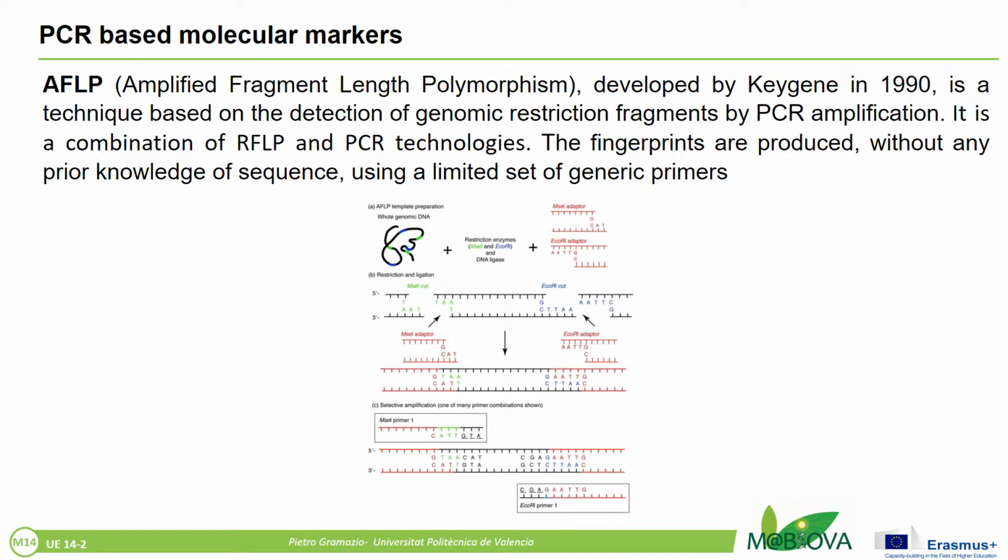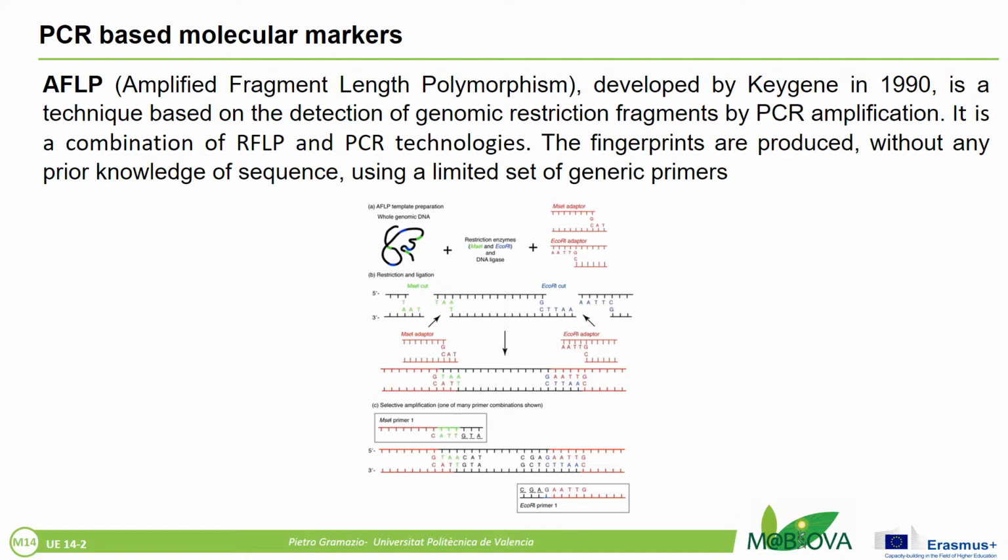First one, restriction of DNA using a rare cutting and a commonly cutting restriction enzyme simultaneously, followed by ligation of oligonucleotide adapters of defined sequence, including the respective restriction enzyme sites. Second, selective amplification of sets of restriction fragments using specifically designed primers.